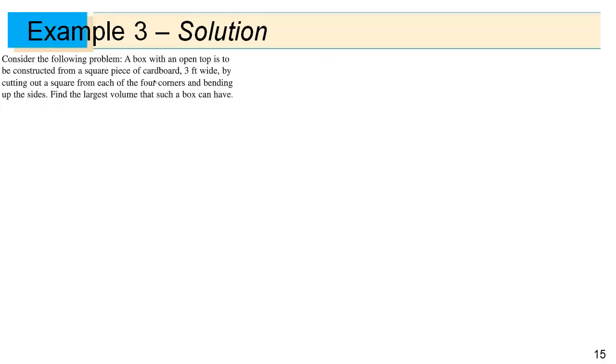We've read it through, we kind of got an idea of what's going on. We have to build a box, we've got a piece of cardboard, we've got to cut some stuff out of it. So the next thing we should really do is draw a picture. So here's my picture. Here's the corner that we're going to cut. Each of these we'll just say is x by x.